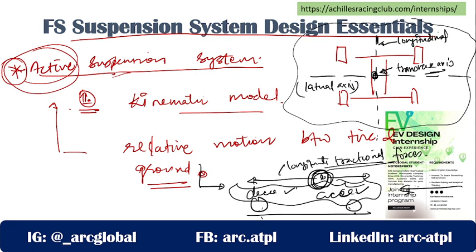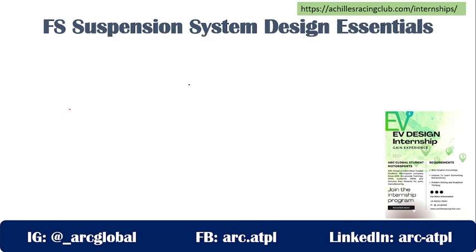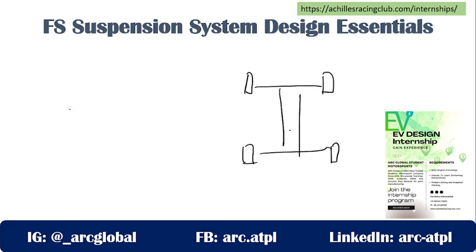Now, similarly, lateral forces. If someone is trying to push a vehicle from sideways, this is a lateral force acting on the center of gravity. And say, for example, if I'm trying to turn my vehicle, if I'm trying to corner my vehicle, we have discussed the differences between turning and cornering in the last lecture, in the steering system lecture.